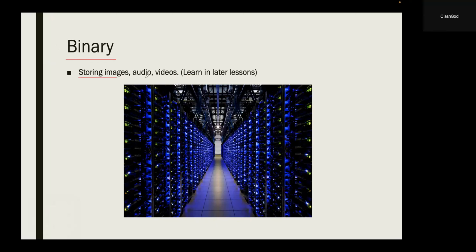They are used to store images, audios, videos. A lot of things that are stored on the computer, such as images, are actually stored using binary numbers. And we're going to see how we can store images and audios using binary numbers in a later lesson.